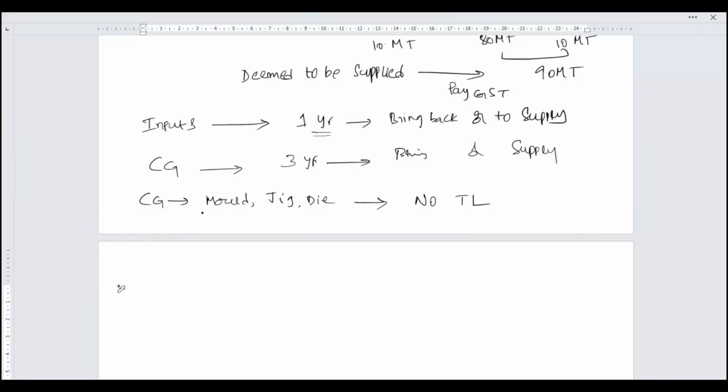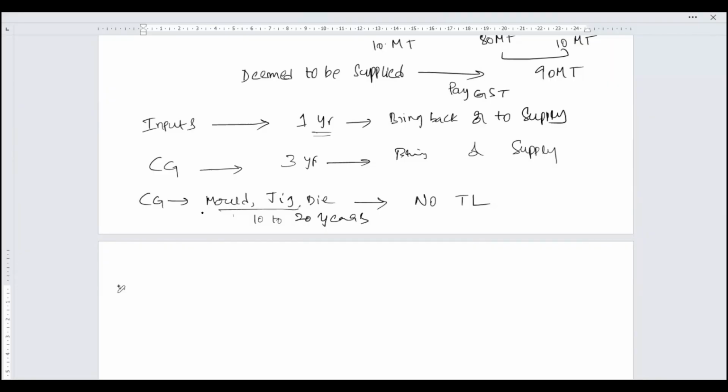And this shelf life of this mold, jigs and dies is 10 to 20 years. 10 to 20 years is the life. Because of the shelf life, law says that I don't have any time limit for these molds, jigs and dies, but only in case of inputs, 1 year, in case of capital goods, 3 years. What to do? You bring back or you supply from the job worker premises.